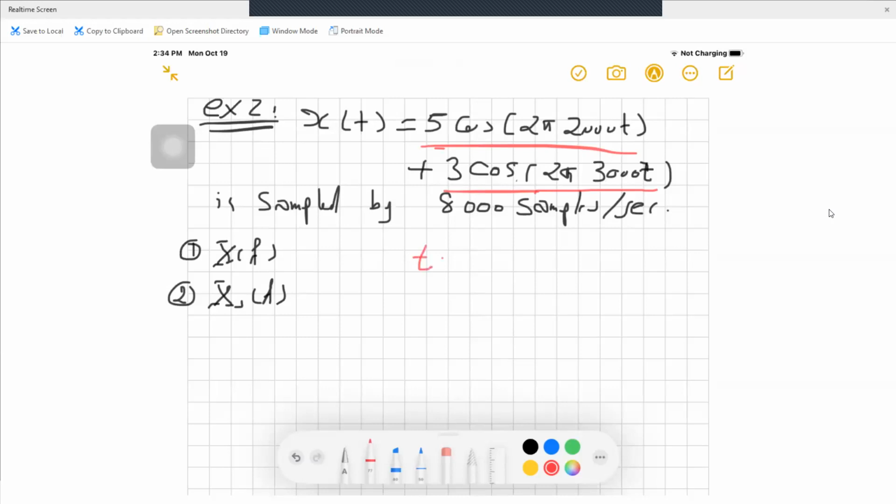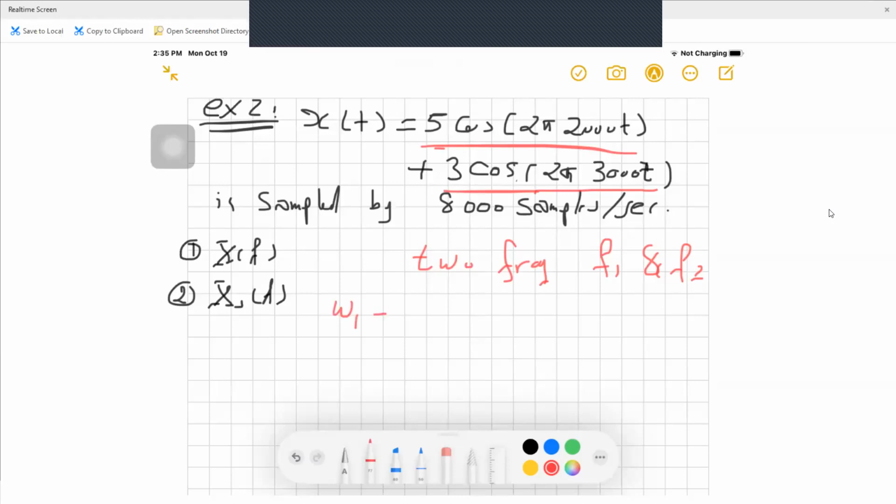So we have two frequencies in this signal, f1 and f2. Of course, f1 belongs to the first component, which is 5 cosine 2 pi 2000 t, and the second frequency belongs to the second component, which is 3 cosine 2 pi 3000 t. At the beginning, I'm going to determine the frequencies, f1 and f2.